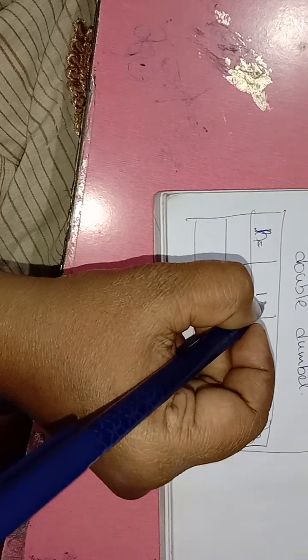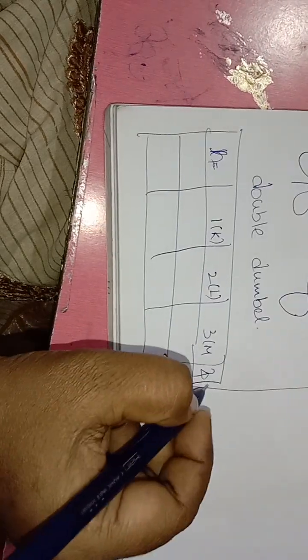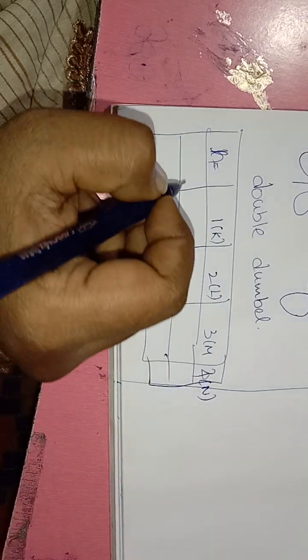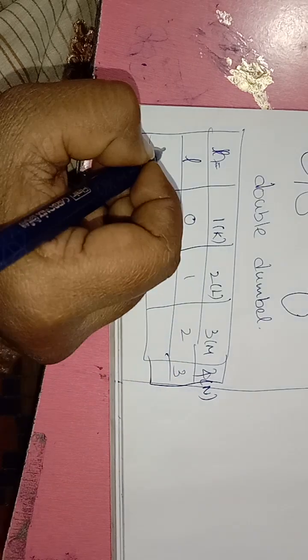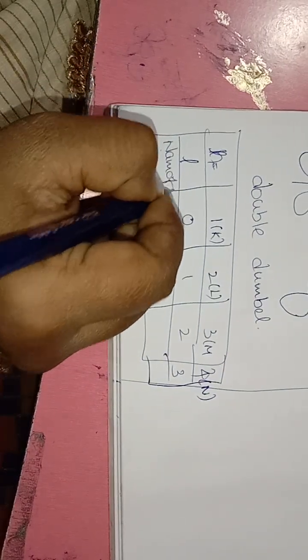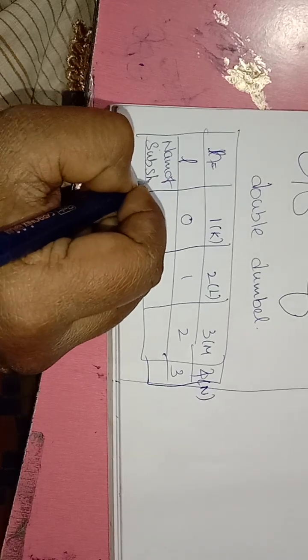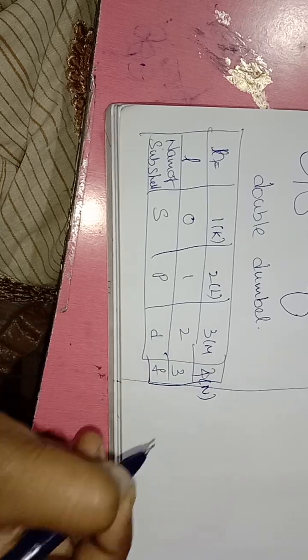We can represent the shells as K, L, M, N. L values are 0, 1, 2, 3. Next, the name of the subshell: S, P, D, F.